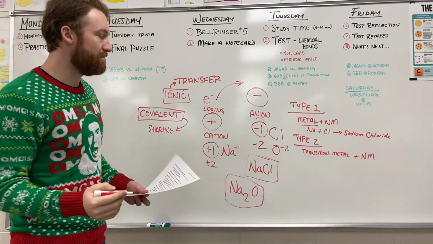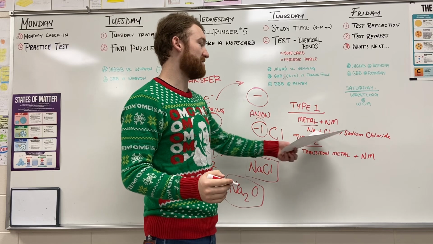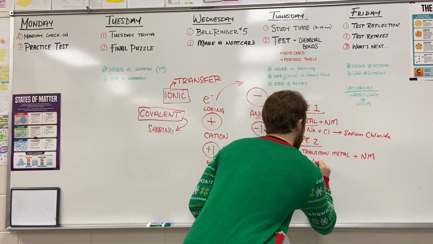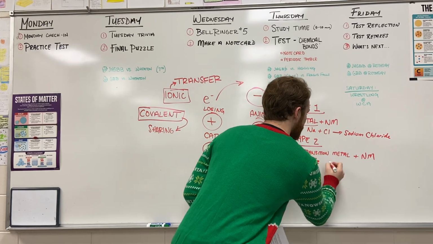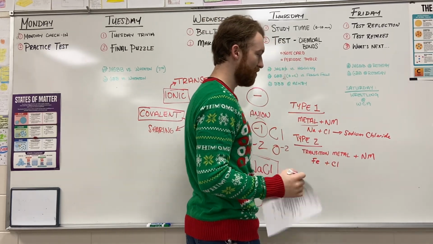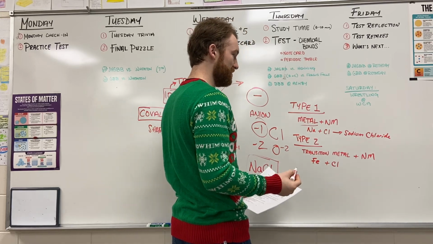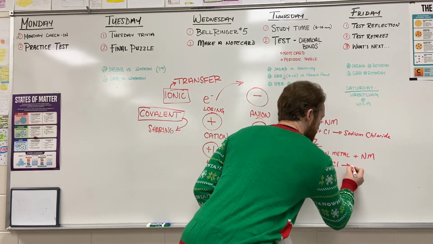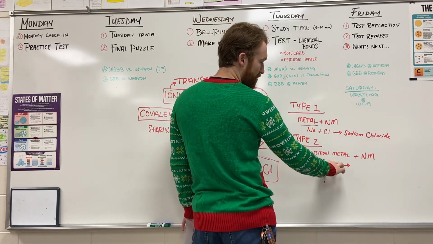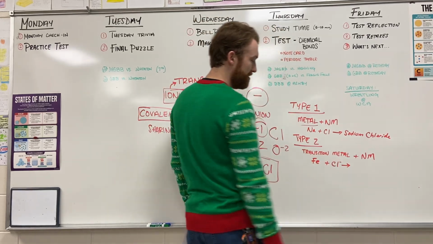So with type 2, instead of something like sodium bonding with chlorine, we would have something like iron bonding with chlorine. So iron would be our transition metal, chlorine is our non-metal. And then the rule here when you name it is you have to use Roman numerals. So how do you do that? Well, you first have to figure out what the charge of chlorine is. Chlorine is a -1 charge.